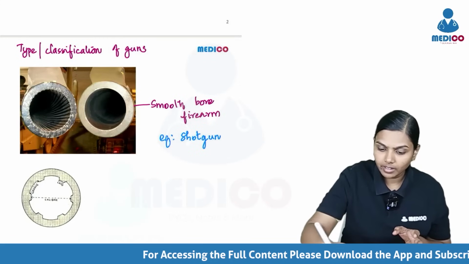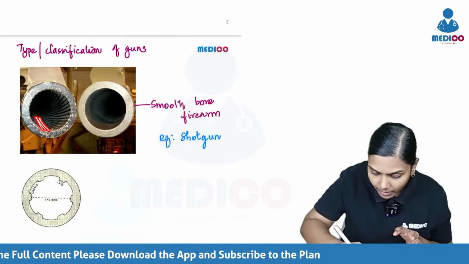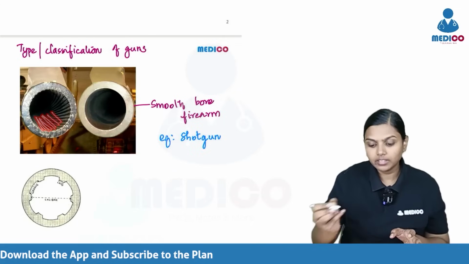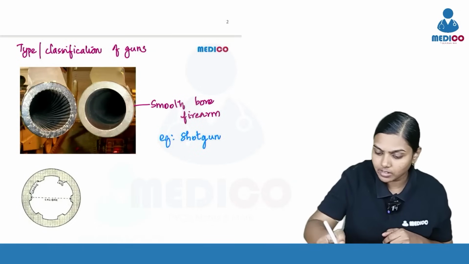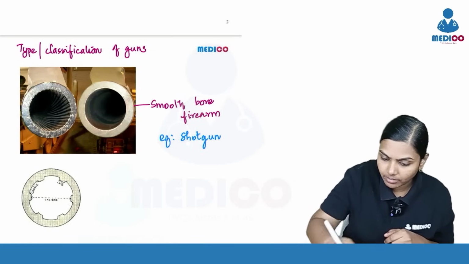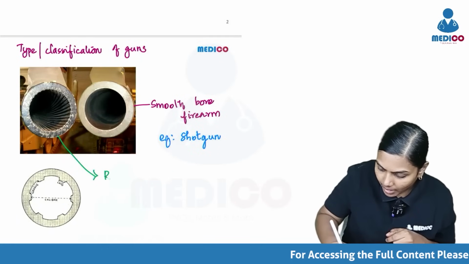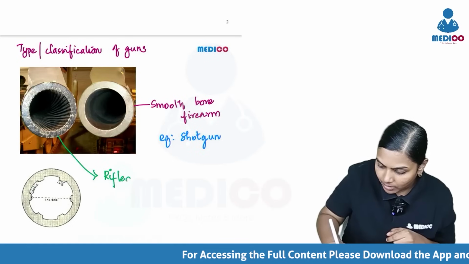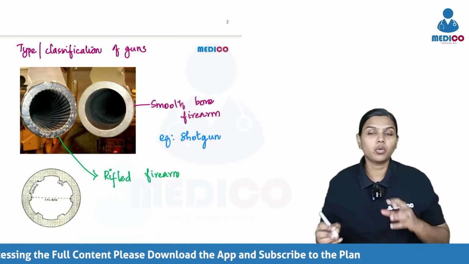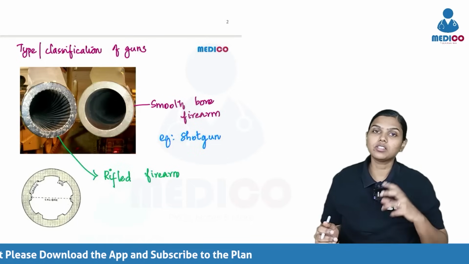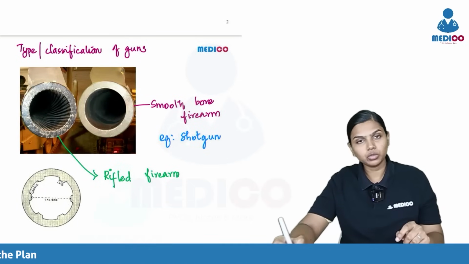And here, do you see all these markings inside the barrel, this bore? This is rifling. Clear? This is known as a rifled firearm. So if the bore is smooth, with no markings inside the barrel, we call it a smooth bore firearm.